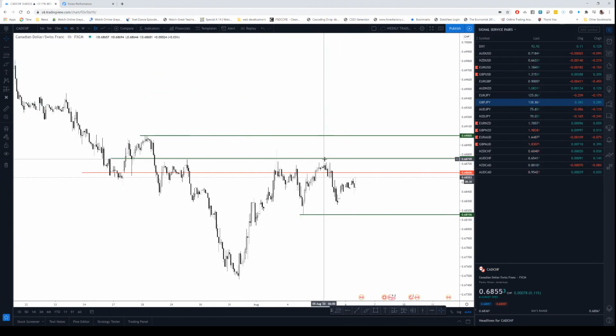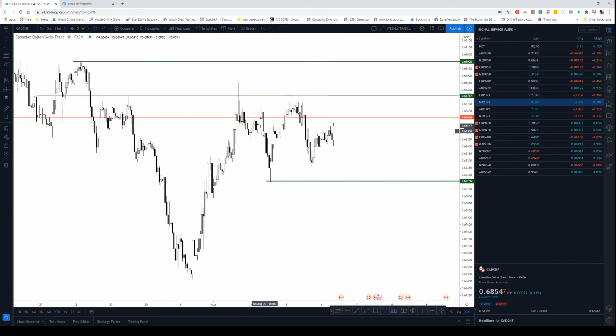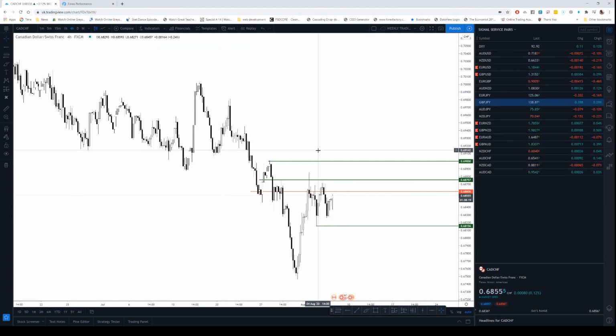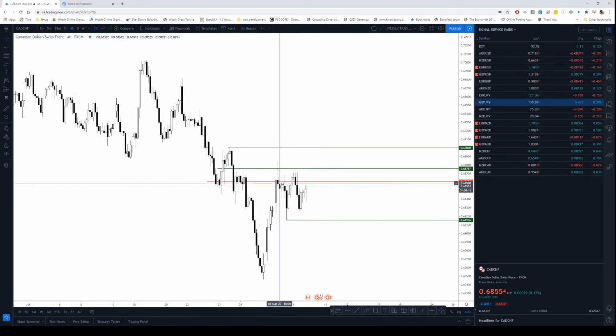You can sell as it's coming back up, but ideally you want to wait for market structure to switch, or if you see anything that resembles the rejection pattern that I taught you, then you can use that as a tool to take a trade. That was the main purpose of the rejection. It gives you an entry before the market structure actually breaks.